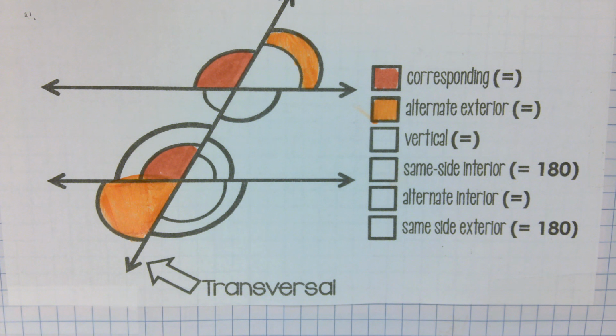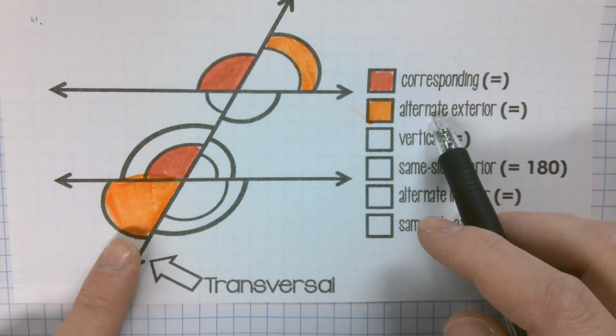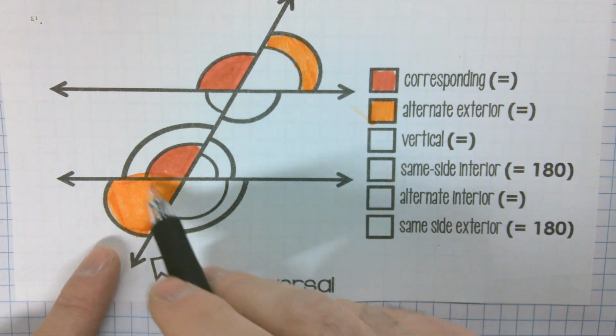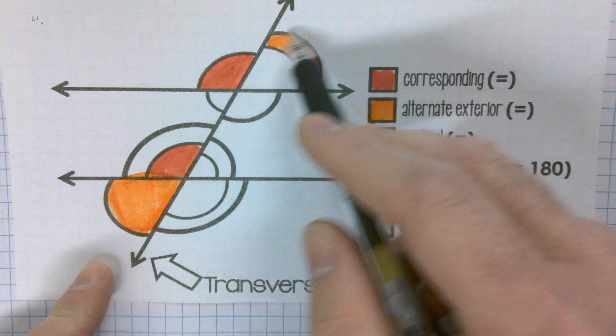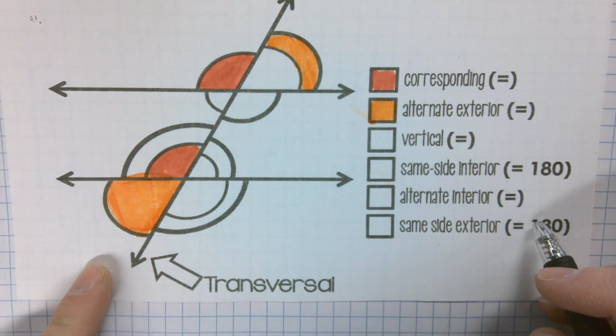Remember, the term alternate exterior gives us two very important pieces of information when it comes to finding out what these angles are. Alternate means that they're on different sides of the transversal. So this bottom orange angle is to the left of my transversal. This top orange angle is to the right of my transversal.